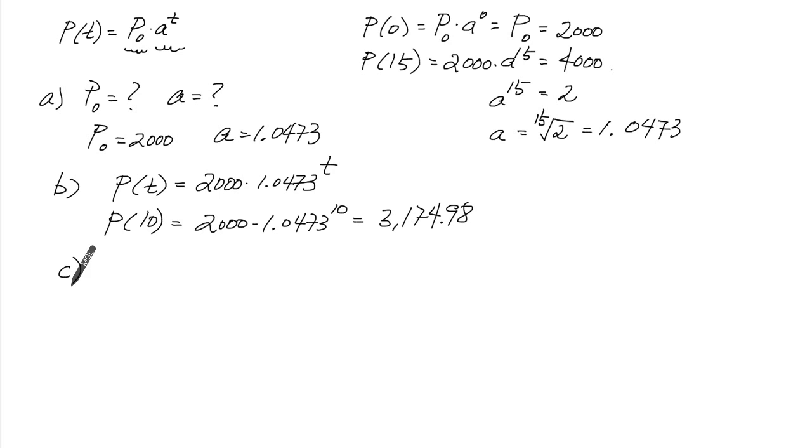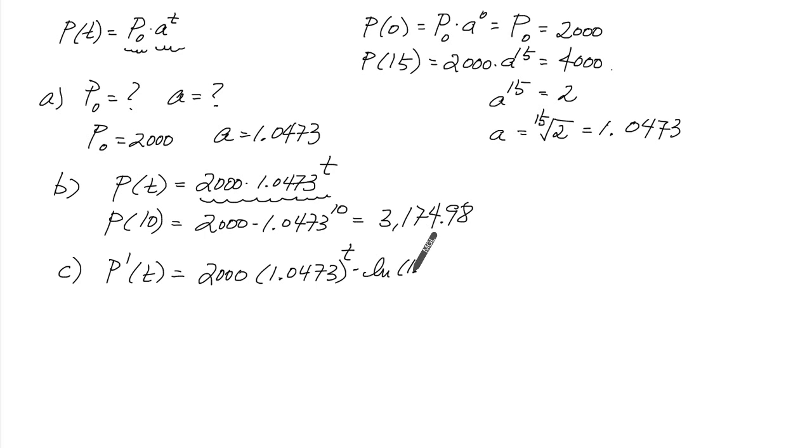In part C, we're asked to find the rate of change of the algae population after 1 hour and after 3 hours. So the rate of change here will be the derivative of the algae population. I'm going to differentiate this exponential function: 2,000 times 1.0473 raised to the power of t multiplied by the ln of the base, 1.0473.